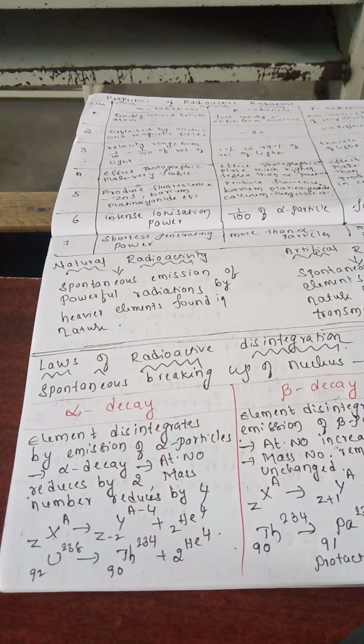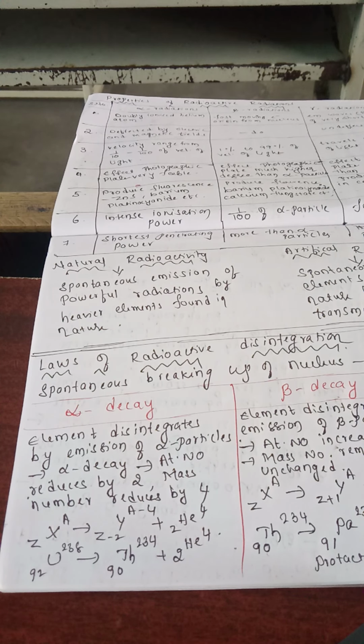Now here, first let us discuss alpha decay. If a radioactive element disintegrates by emission of alpha particles, which are nothing but doubly ionized helium, that is 2He4, where 2 is the atomic number and 4 is the mass number.